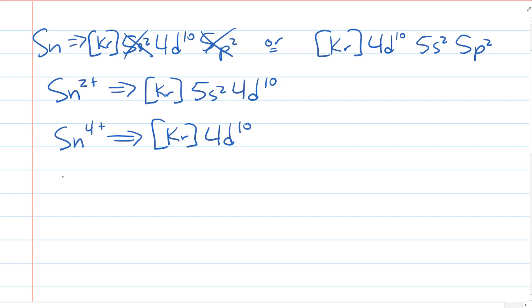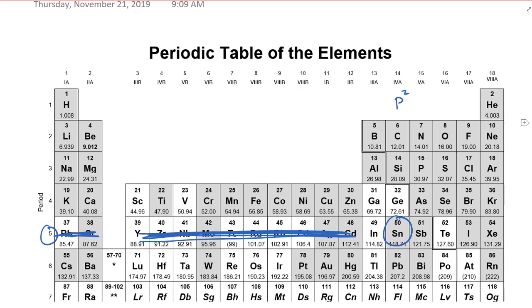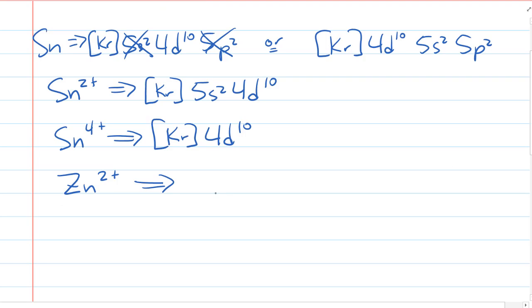Now if we did something like zinc, let's say we look at the zinc 2+ ion. If we wanted to write out its configuration, we'd first start out by writing out the complete configuration of zinc. So zinc sits right here with a configuration that ends with d10. Specifically, it's going to end with 3d10.